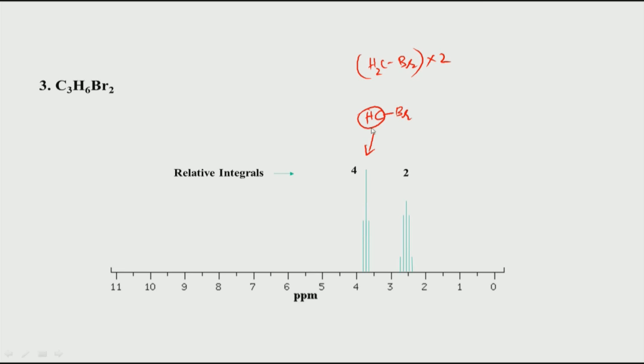But then it has to have a quintet. A quintet means 4 coupled protons, because 4 plus 1 is 5 and 5 is a quintet. So, the CH2 which we are looking for has to be in between these 2, because only then on either side it will have 2 hydrogens, and therefore, it will give a 5. So, let us look at the structure which is shown here.